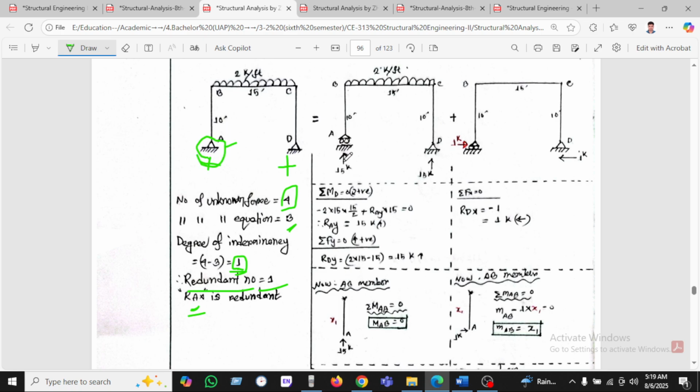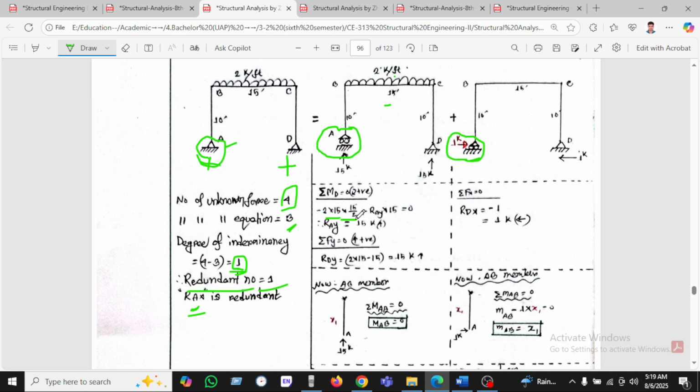If we take the redundant as 1, then it will be a roller support. You can see here the redundant is a 1 kip load given horizontally. After getting here, we can take the summation of moment at D: the force 2 into 20, 2 into 15 into 50.